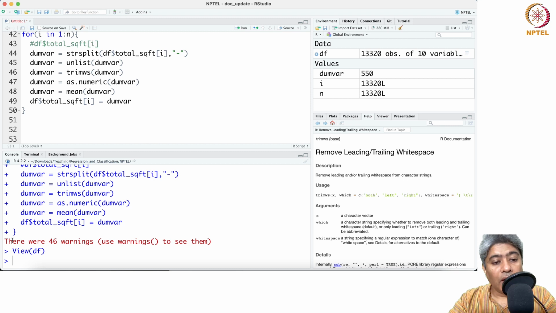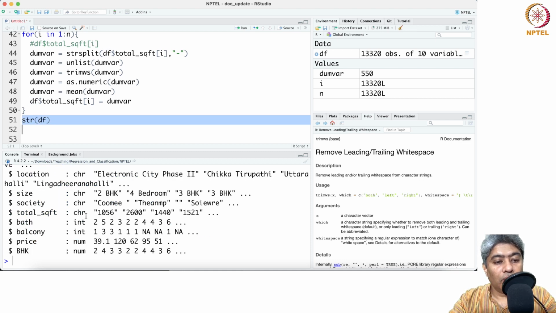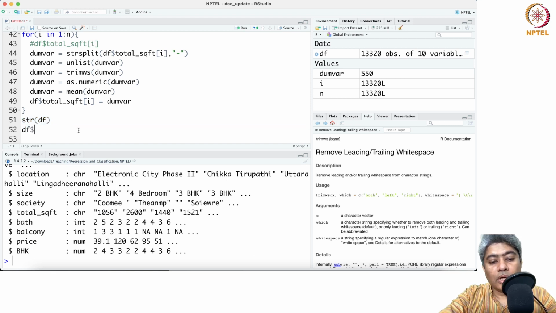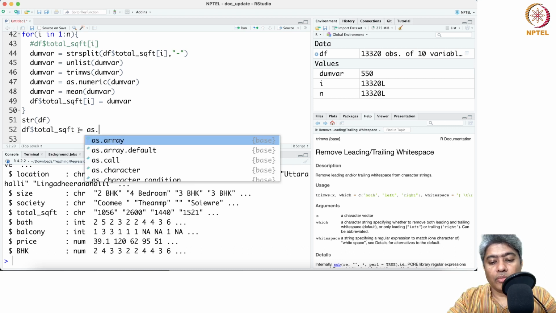But still, if you look into the structure of the df, I have to check whether it's still a character. So we need to put as dot numeric.